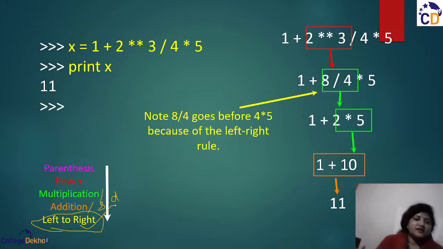Right, and the precedence I have already shown you. First is the bracket or parenthesis, the second is the power, asterisk, double asterisk we are going to use for power. Then we have multiplication and division or modulus operator, remainder. Then we have addition and subtraction, and the last is left to right. Now left to right is what? The left to right rule that we have just seen in this particular slide, right?